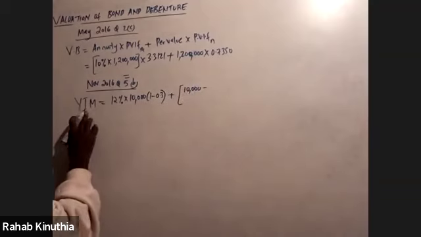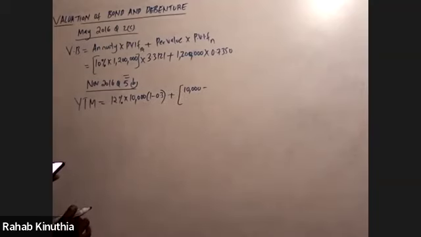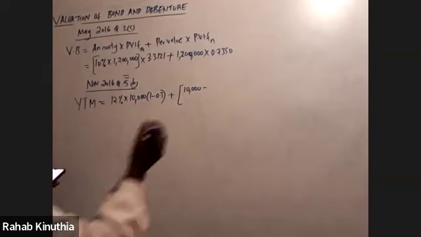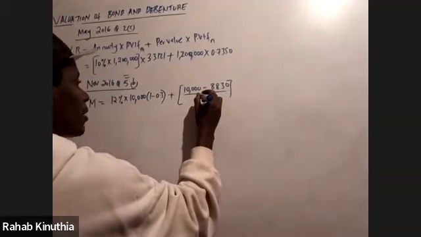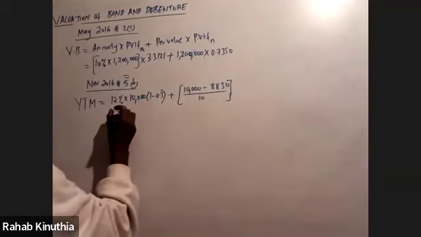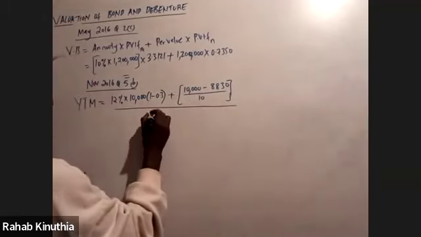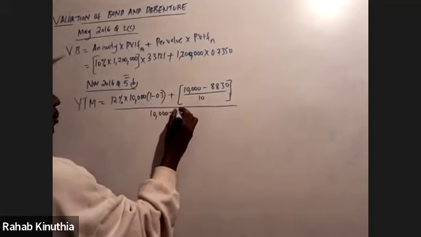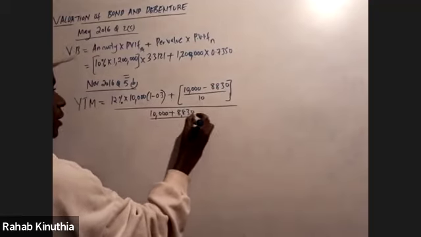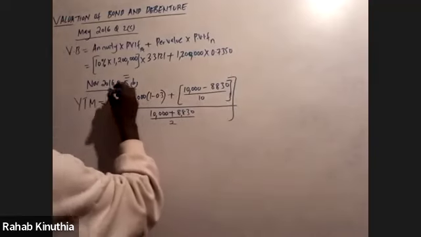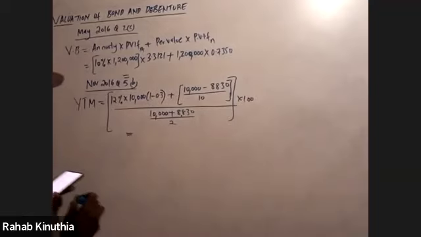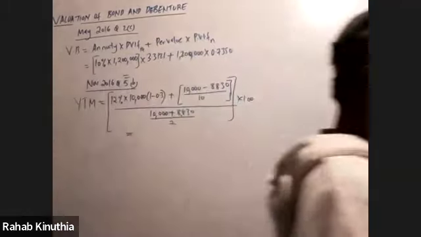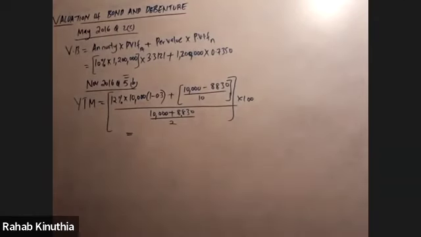This one is for yield to maturity without callable. It's currently trading at 88.30, for 10 years. Then everything we divide by 10,000 plus 88.30 divided by 2, then multiply by 100. So what will be the figure?